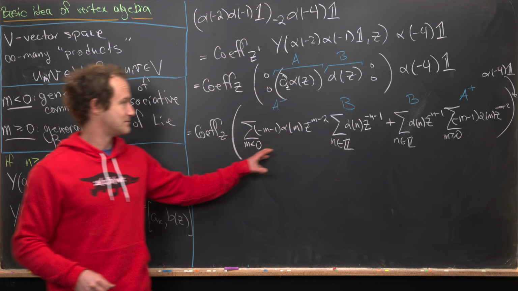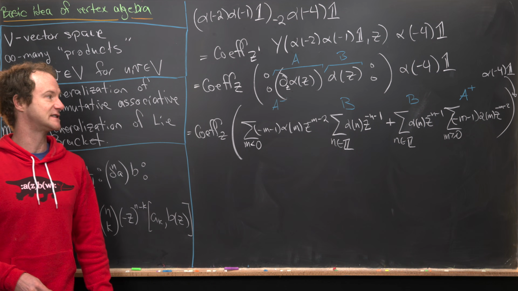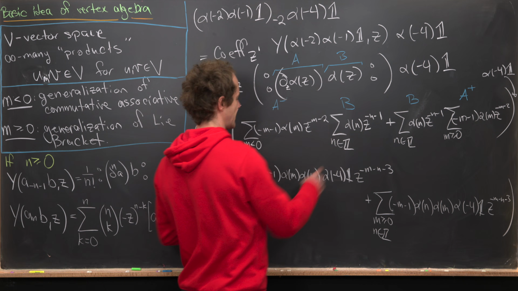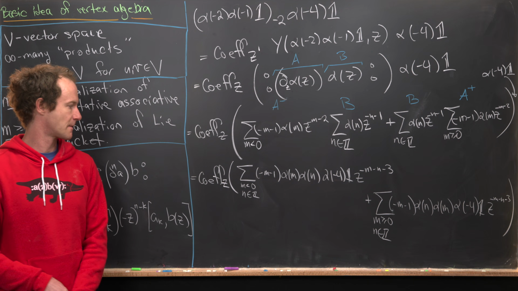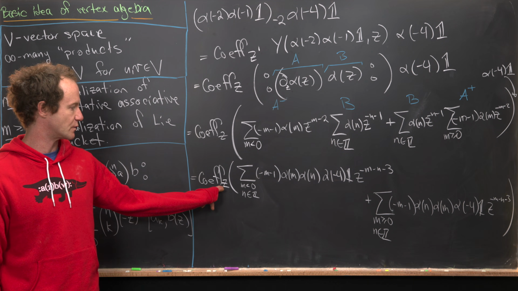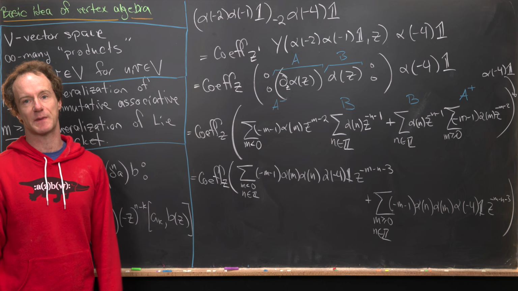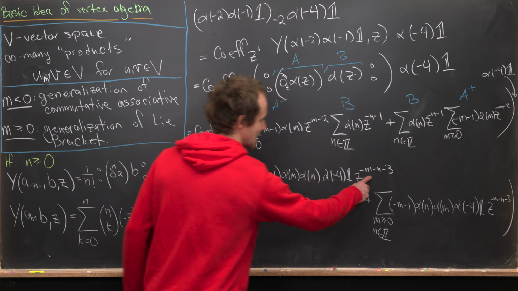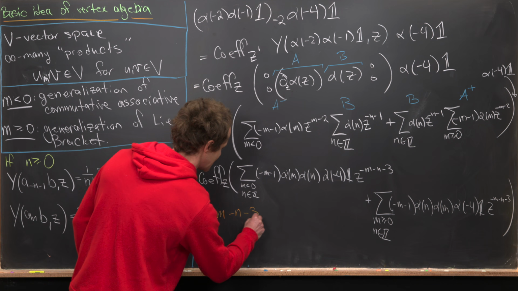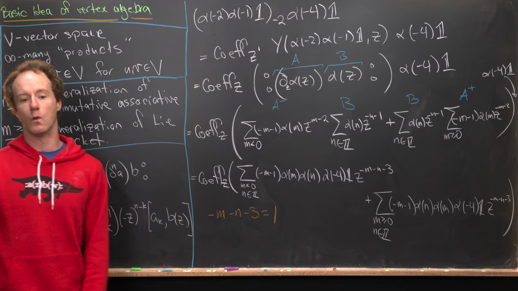Okay, so now let's mash these two pairs of sums together and see what we get. Okay, so off the video, I pushed these two iterated sums into double sums. Now we want to take the appropriate coefficient, so that's going to be the coefficient when z is to the first power. But that means that in each of these, we need minus m minus n minus 3 to be equal to 1.